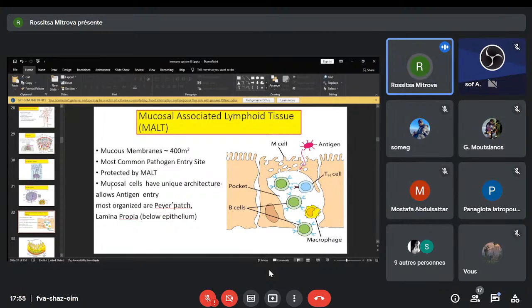These mucosal cells have a unique architecture that allows antigen entry, and the most organized of all these are the Peyer's patches and lamina propria in the intestines.